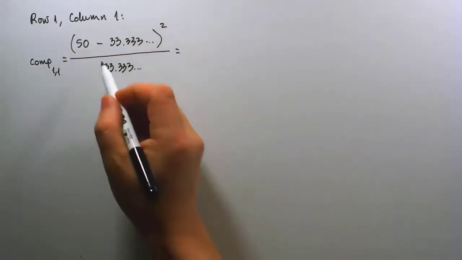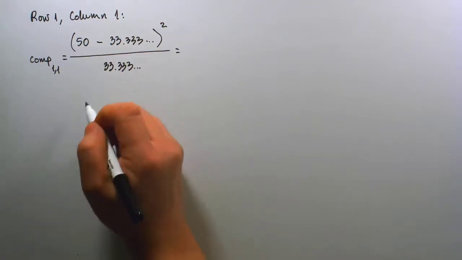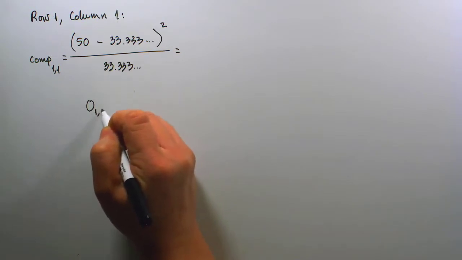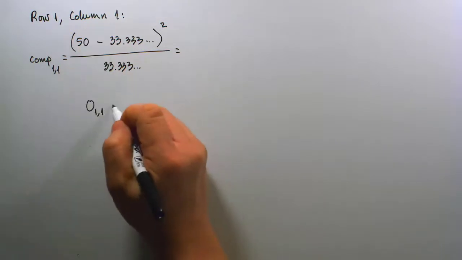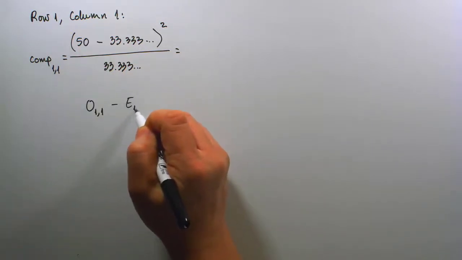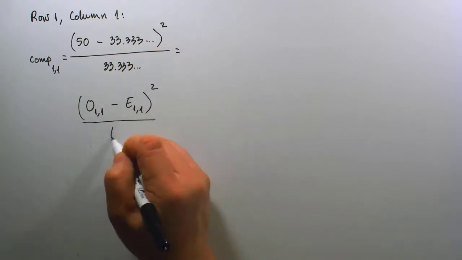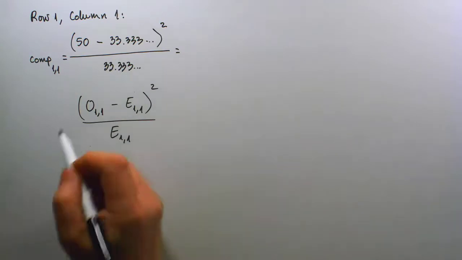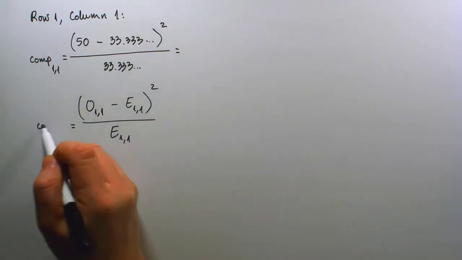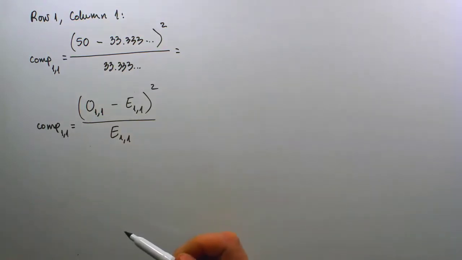And so what I did here in row 1, column 1, particularly as a formula, is the observed value from row 1, column 1, subtracting the expected count in row 1, column 1, square that difference, and divide it by the expected count in row 1, column 1. And we refer to this calculation as the components value for row 1, column 1.